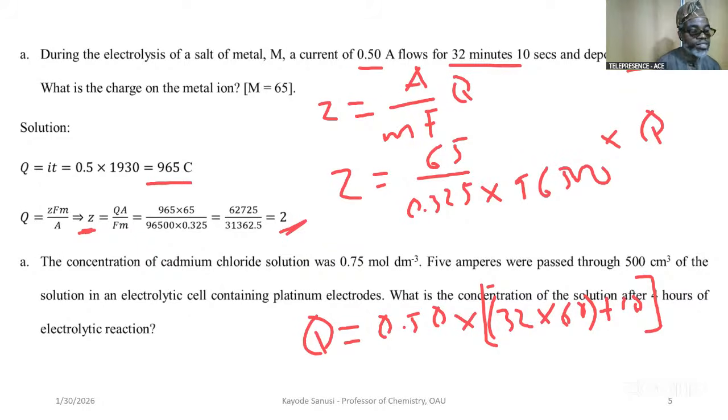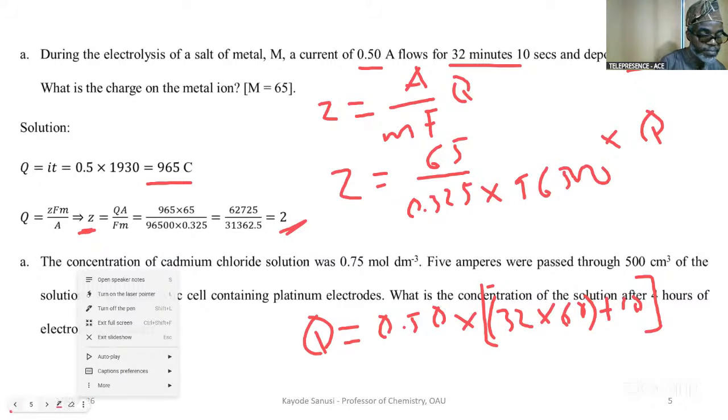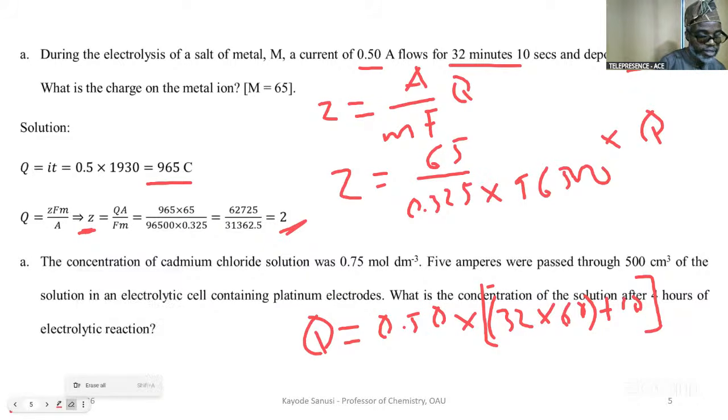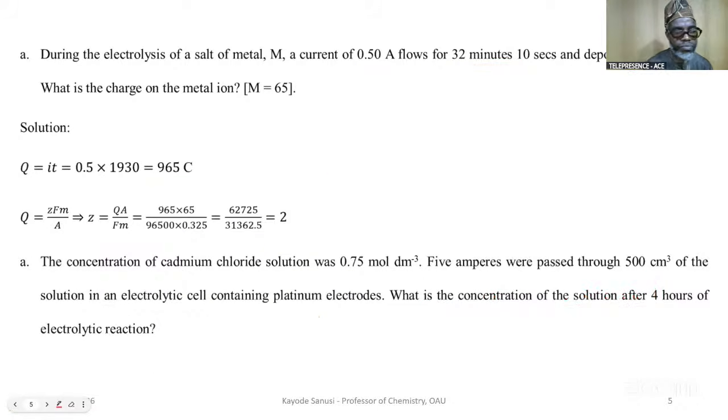So another question that we can also quickly look at before we start the normal plan for today is this question that I have before us.